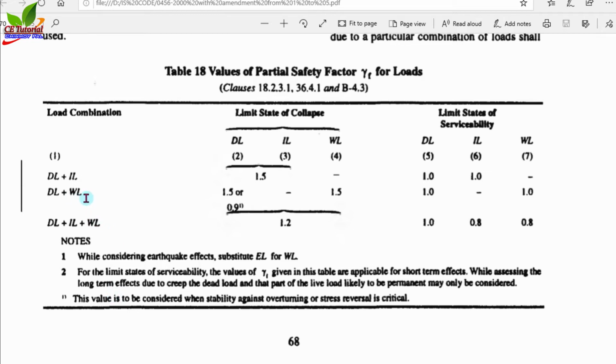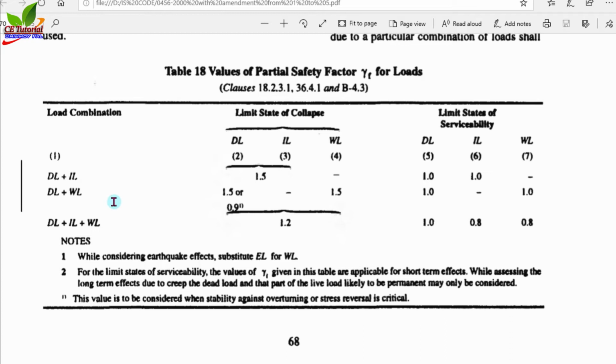Why? Because in our past history, wind load and earthquake load have not happened simultaneously. There is no such case in our history where wind load and earthquake load act simultaneously. That's why we have to keep in mind the economical criteria.